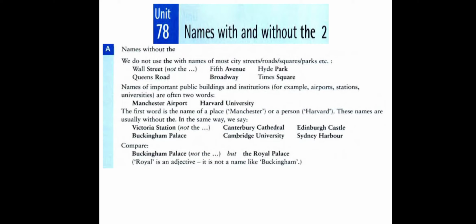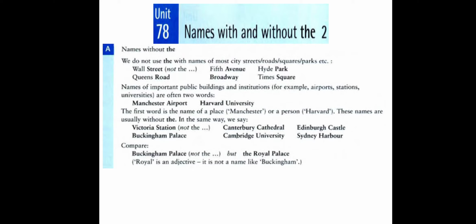Canterbury Cathedral: the first name is Canterbury, a city. Cambridge University: the first name is Cambridge, a city. Edinburgh Castle: the first name is Edinburgh, a city. Sydney Harbour: the first name is a name of a city or a person, male or female, so we don't use the article the.